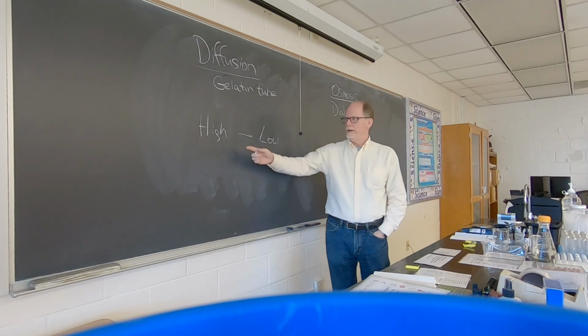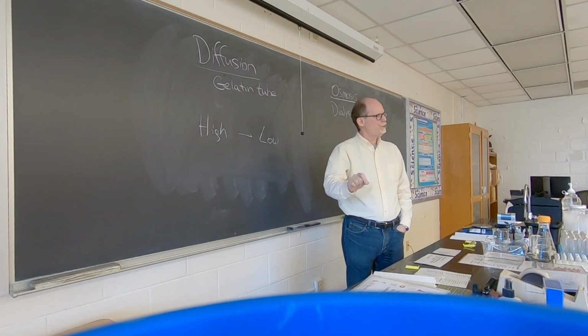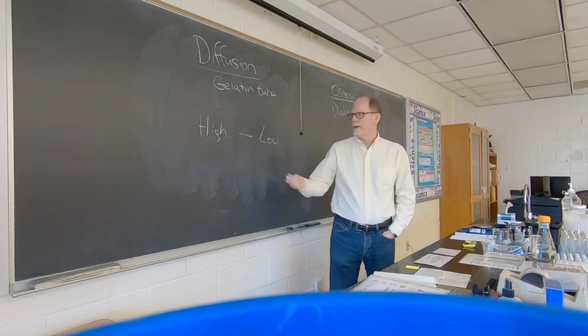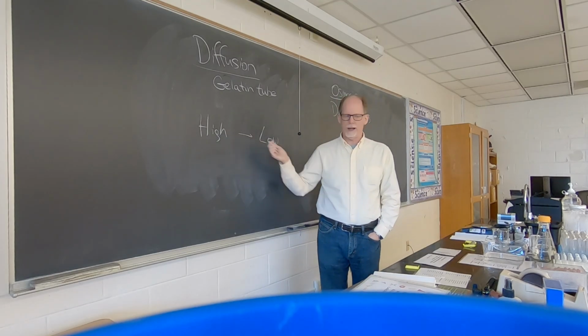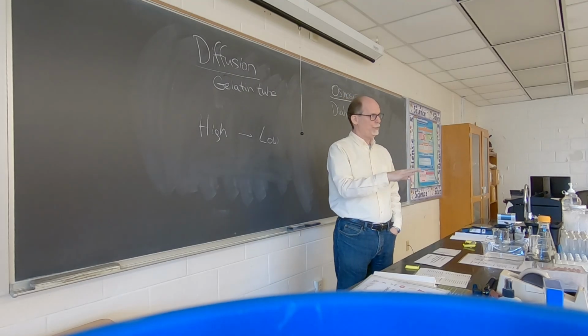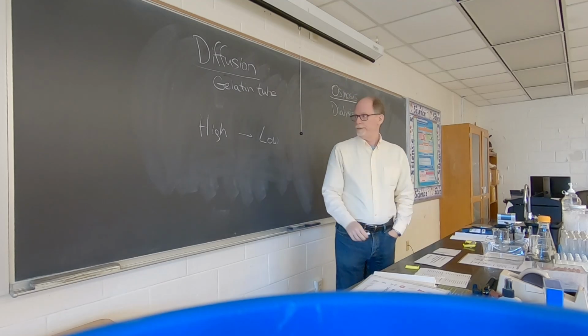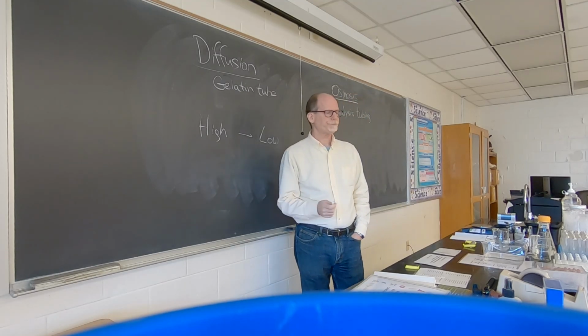And so once, let's say it's equal, then you'd say the diffusion has stopped. So it's basically movement of something from high to low. Now it can be inside this room, like say the air. It could be in a solution.